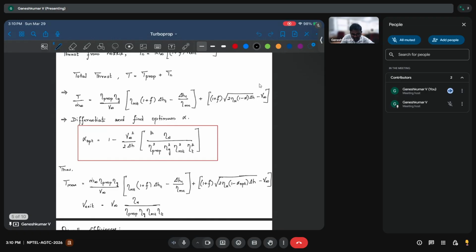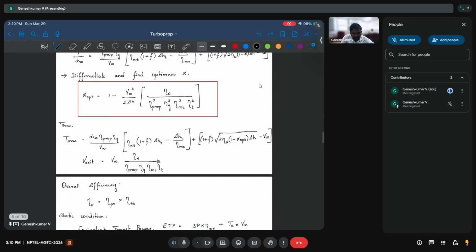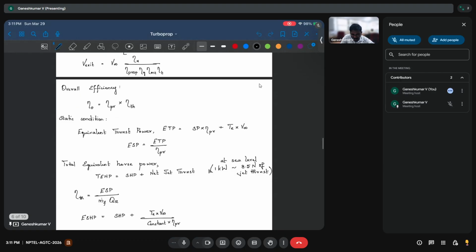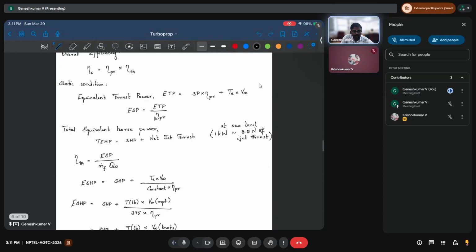Based on the efficiencies, your optimal power split would look something like this, and I think you can do this derivation on your own. You will understand what the efficiencies are, and the overall efficiency is the propeller efficiency times the thermal efficiency. You can also have an equivalent thrust power, which is the shaft power, or the thrust power generated from the propeller, plus the exit thrust power.